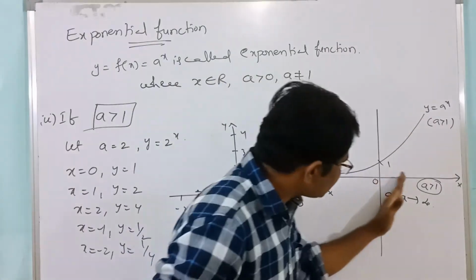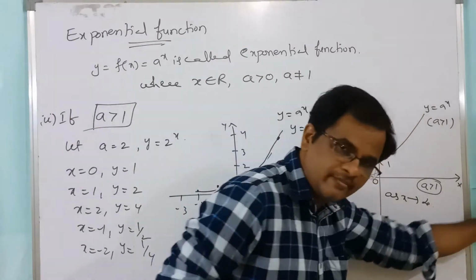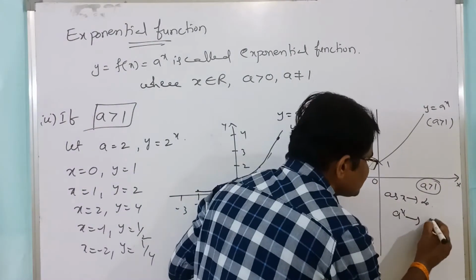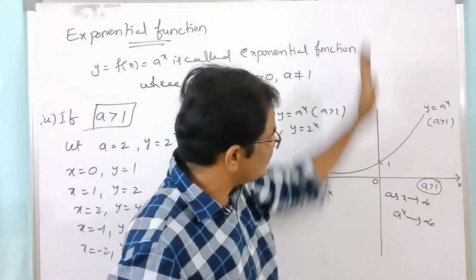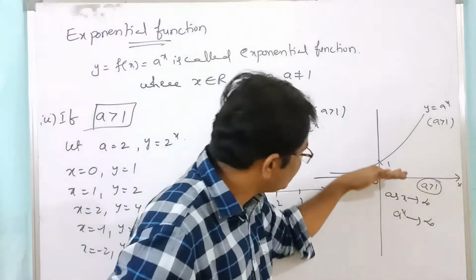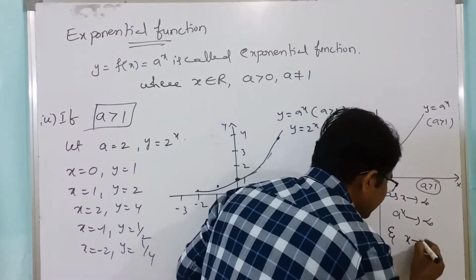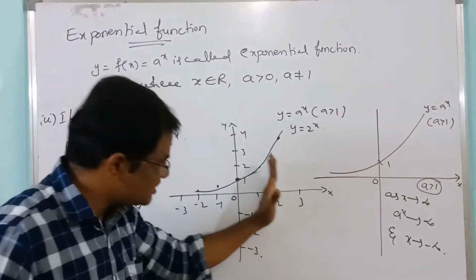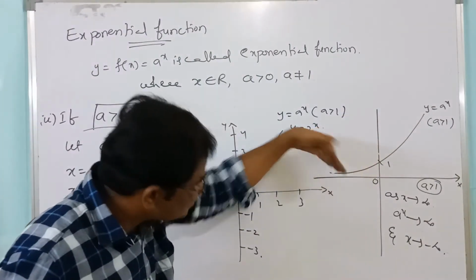Listen carefully. Whenever x approaches plus infinity, a power x approaches what? Infinity only, means the y value approaches infinity. Whenever x approaches infinity, y also approaches infinity. And whenever x approaches minus infinity, the function approaches, means the y value approaches 0.